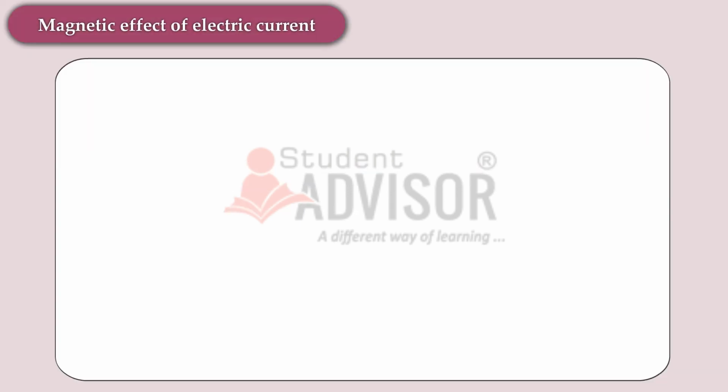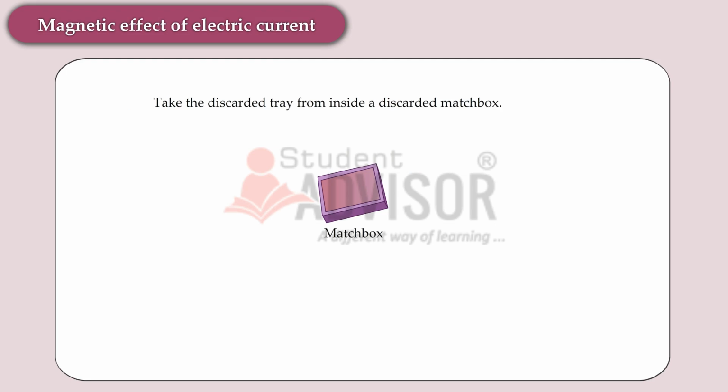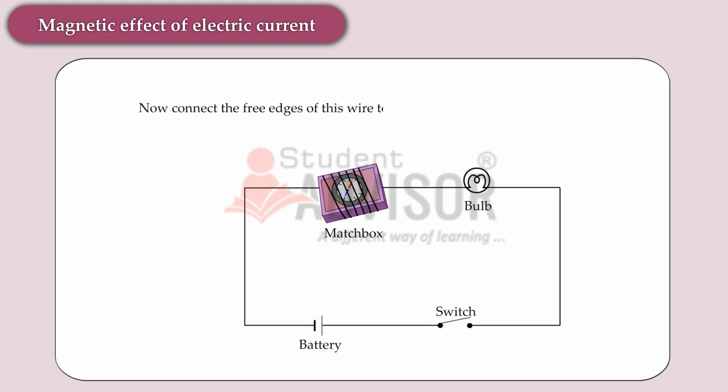Magnetic effects of electric current. Take the discarded tray from inside a discarded matchbox. Put a compass needle inside it. Wrap an electric wire a few times around the cardboard tray. Now connect the free edges of the wire to an electric cell through a switch.